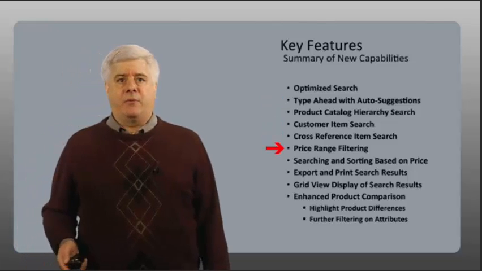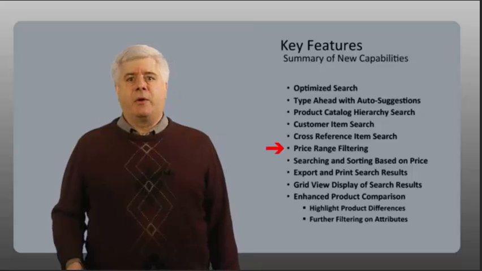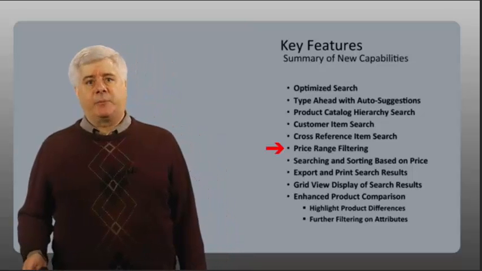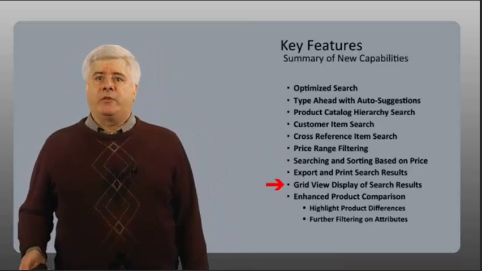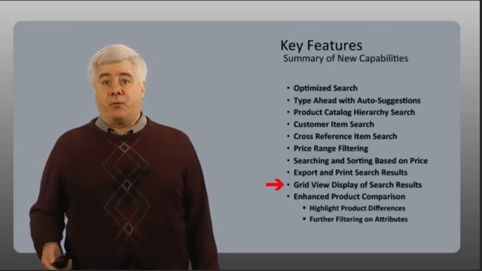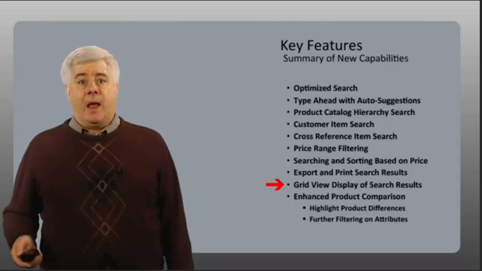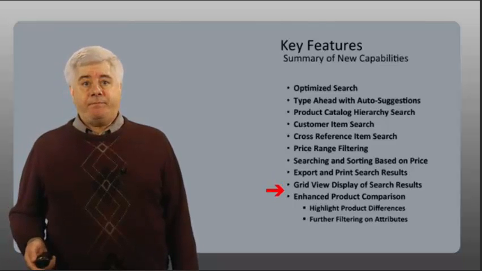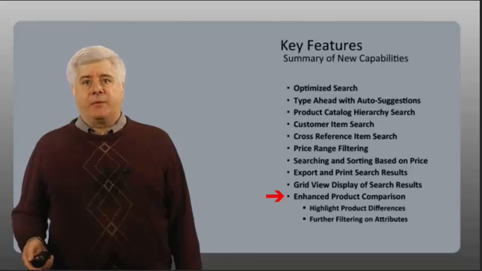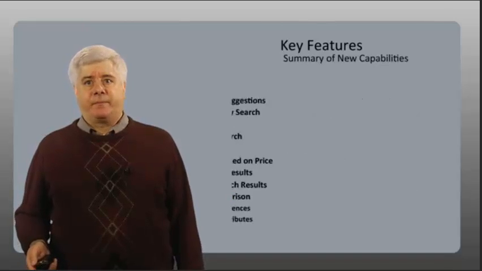We also have filtering, as I mentioned, on a number of predefined attributes, and customers can add their own. We support a number of display options for those results: the table view, the grid view, and the carousel view. And finally, we have the comparison and the export.